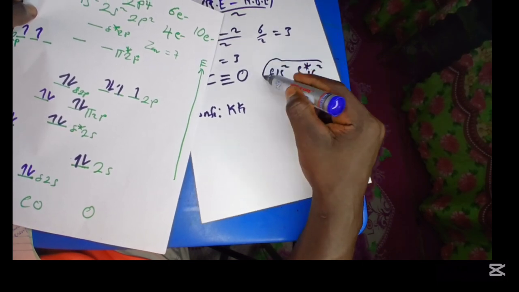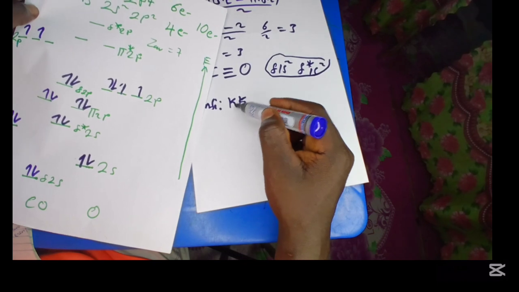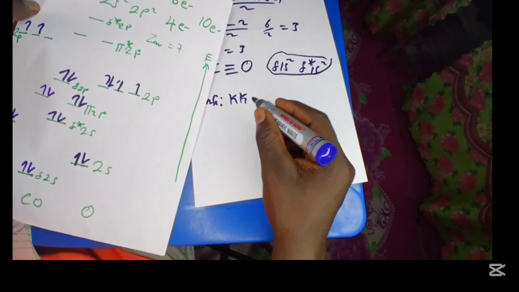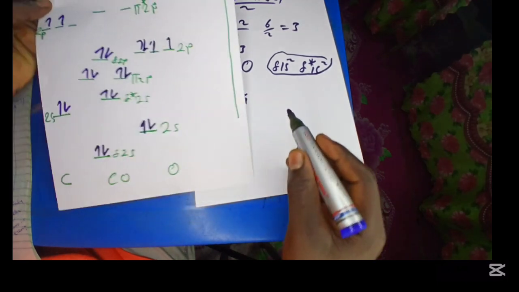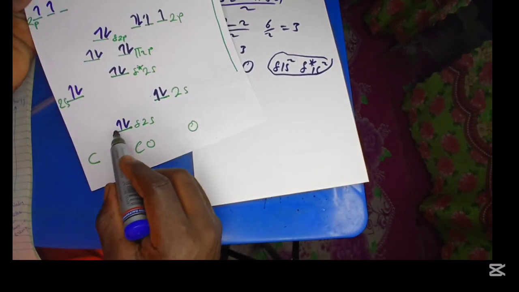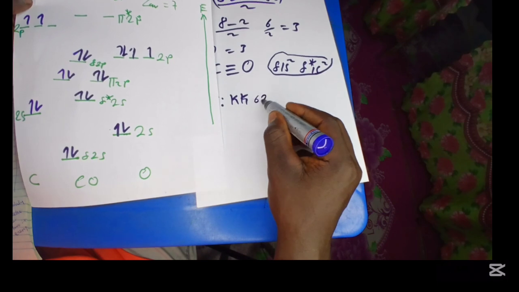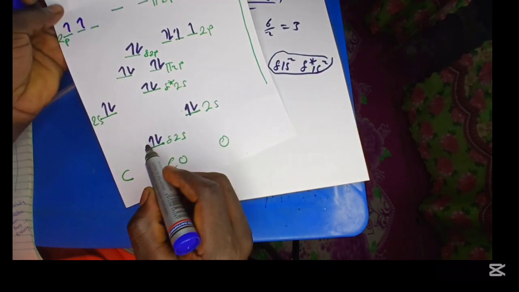You can write it this way, or represent it by KK and then just go on. So KK, then sigma 2s orbital. How many electrons do we have there? 2.